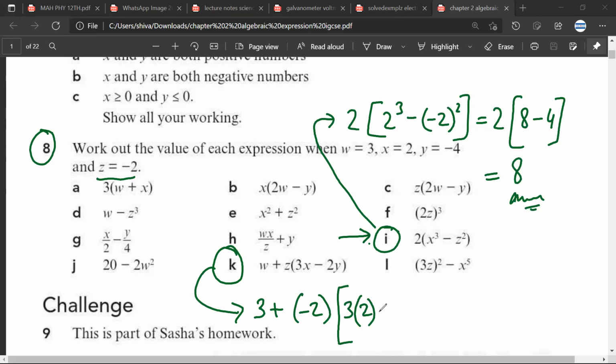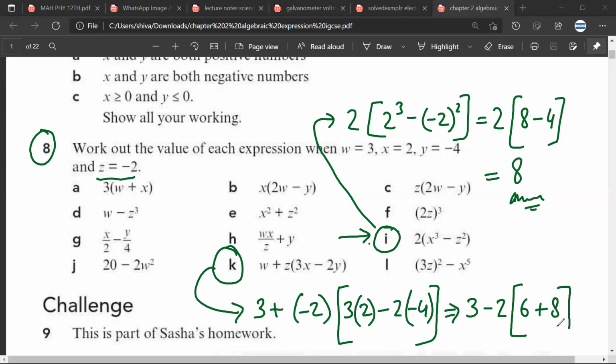So 3 into 2 minus 2 minus 4. So it will be 3 into 2, so 6 minus 8. It will be 14. 3 minus 8 is 14.